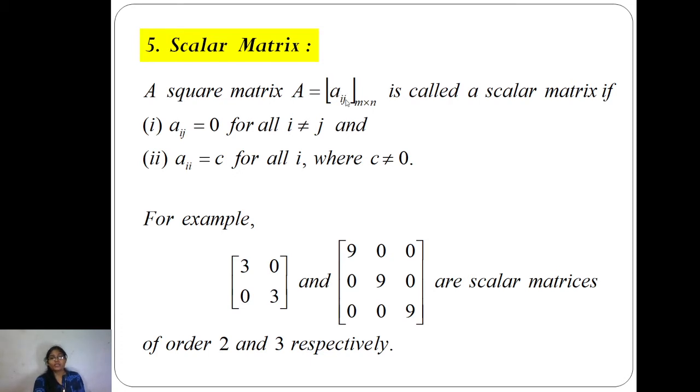Capital A equals to aij, থার্ড ব্র্যাকেটে আমরা ডিনোট করব স্মল aij, m/n matrix mth row and nth column is called a scalar matrix if aij equals to 0 for all i not equals to j and aii equals to c for all i where c not equals to 0 non-zero element.